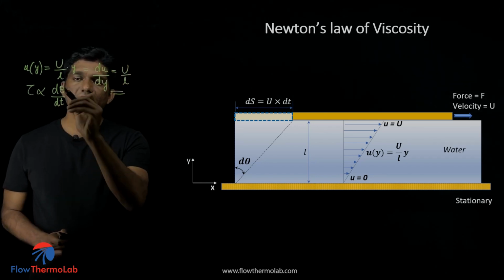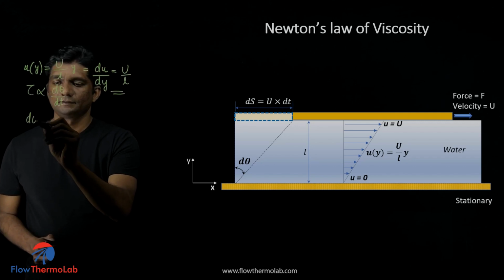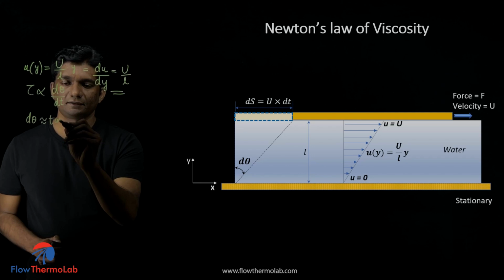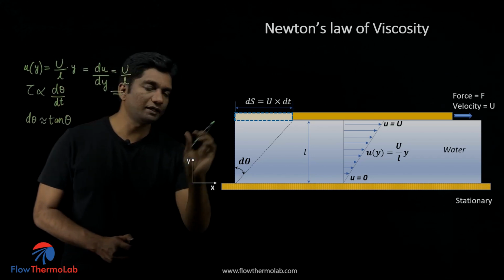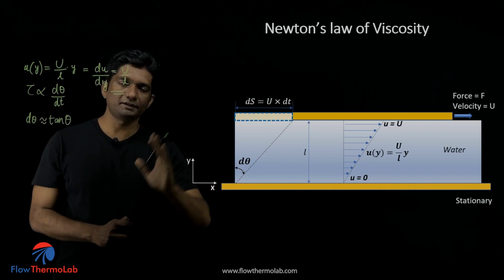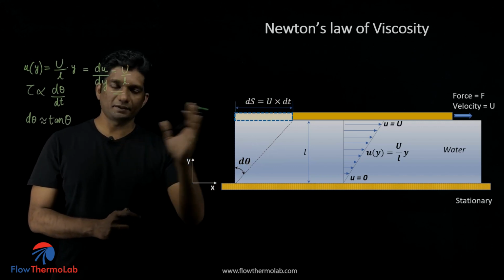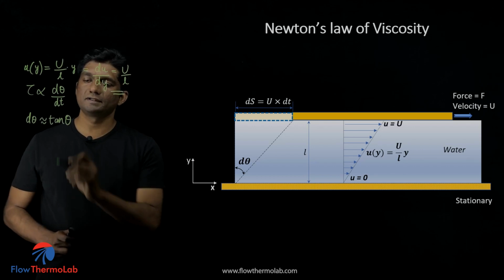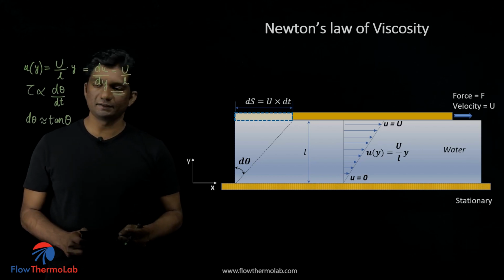And d theta, you can approximate it as tan theta, right? We are talking about a very small angle. Here everything is exaggerated a little bit, and this angle is not going to be that big, it's going to be very tiny. So with that small angle, you can say d theta is approximately tan theta.